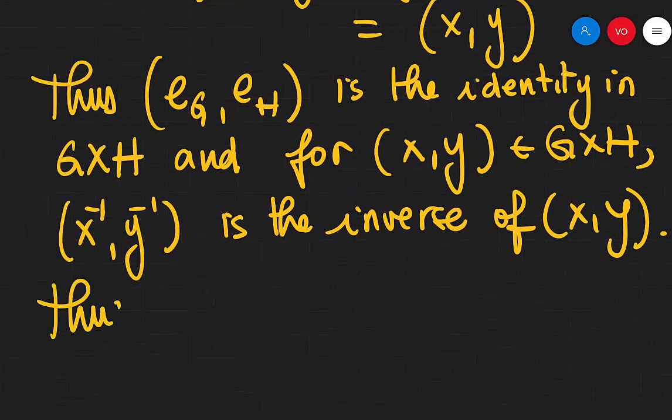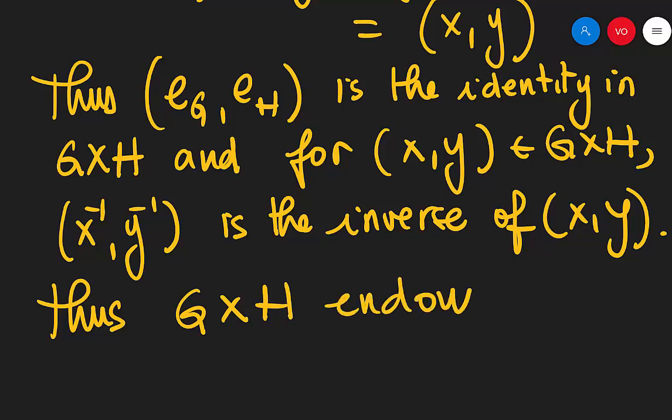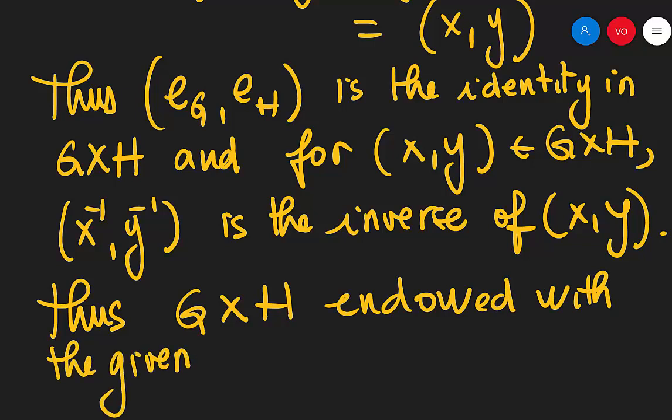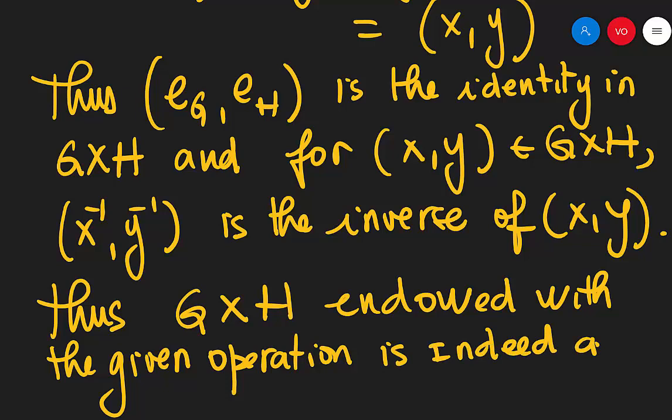Thus, one can conclude that G cross H endowed with the given operation is indeed a group.